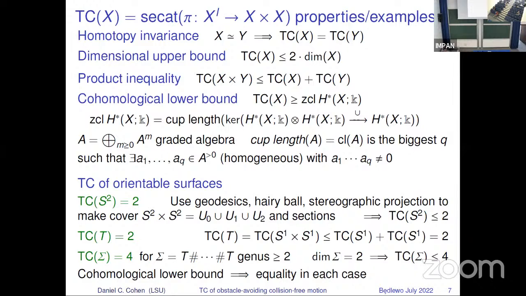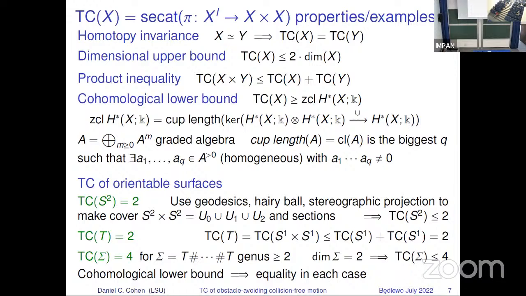And then in terms of the dimension of X, and I just wrote down the one in terms of the dimension, there is a product inequality for topological complexity as indicated, and a cohomological lower bound, which comes from something called the zero divisor cup length. This is the cup length of the kernel of the cup product map that Professor Carlson reminded us about last day.